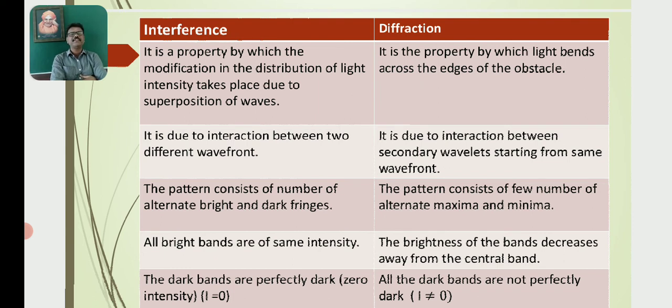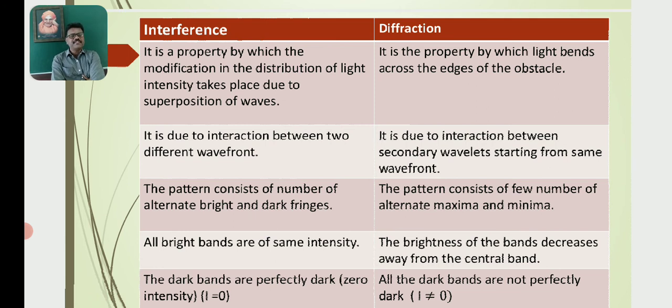In interference, all bright bands are of the same intensity. In diffraction, the brightness of the bands decreases away from the central band. In the interference pattern, the dark bands are perfectly dark, that is, intensity I is equal to 0.